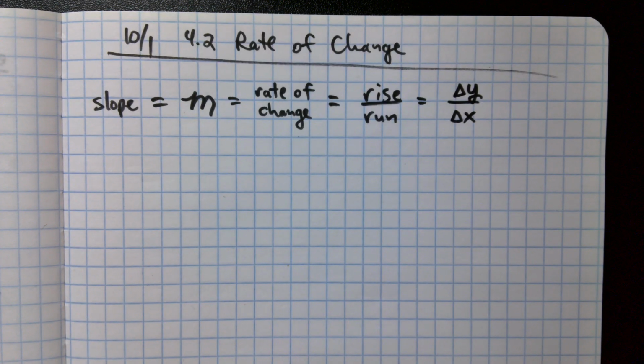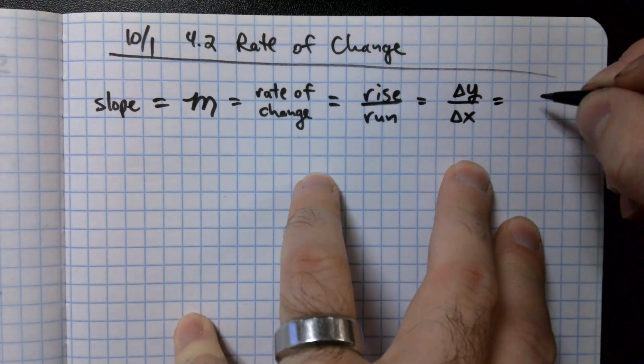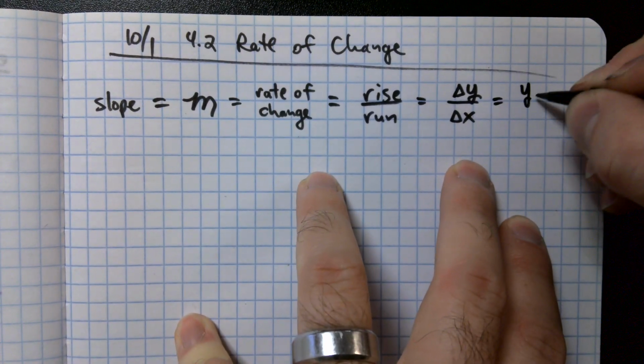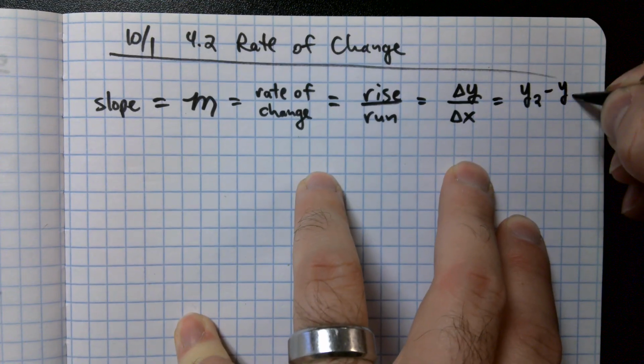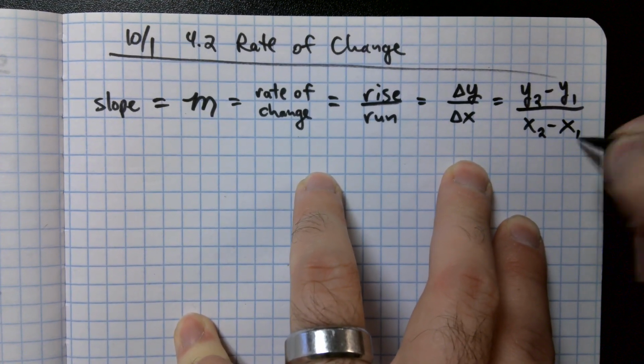And that just represents the change in y divided by the change in x. Also the same thing. And we can also add in the slope formula: y sub 2 minus y sub 1 over x sub 2 minus x sub 1.